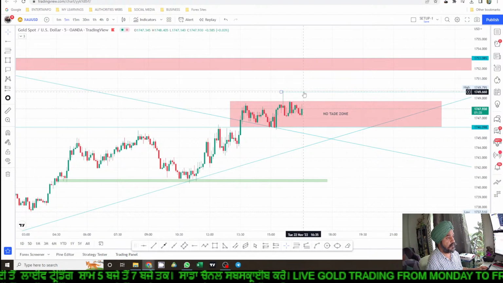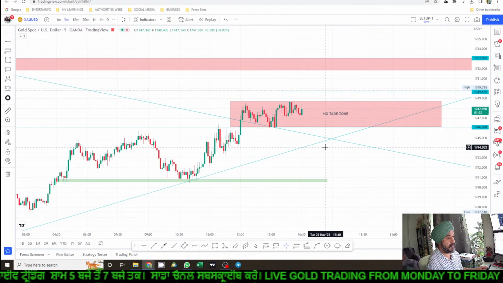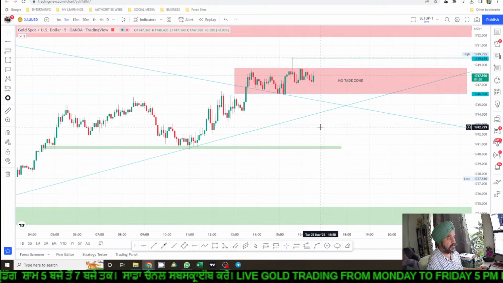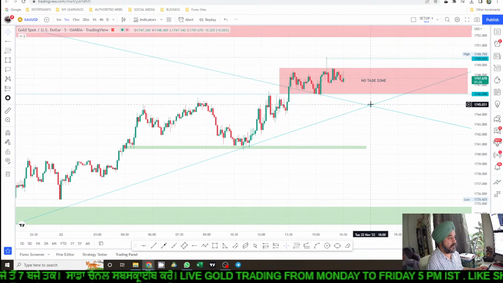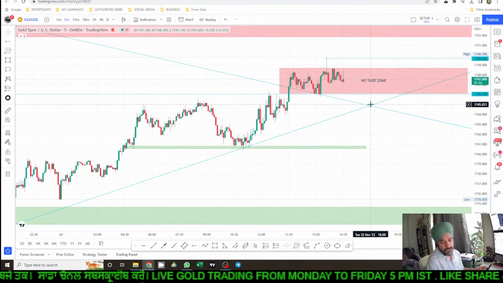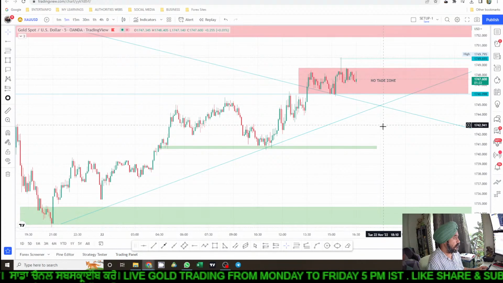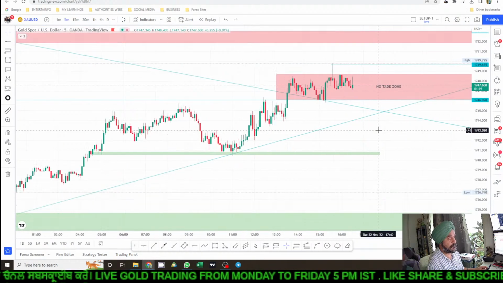So we need to wait to break above or break downside. Okay, if we break downside, we will see there is a trend line which can support gold to stop going downside. Okay, so we need to be careful.